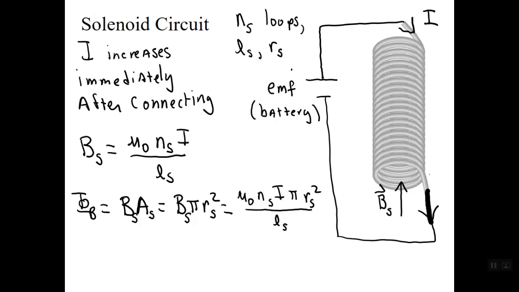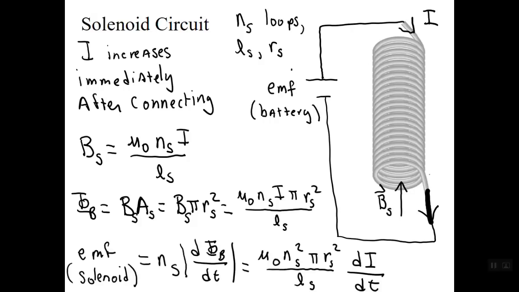Now since the current is changing in time, for some time interval right after connecting the circuit, that means the flux is changing in time. So there must be an EMF in the solenoid, that is, N_S times the magnitude of the flux derivative of a single loop. And all that works out to be this expression.